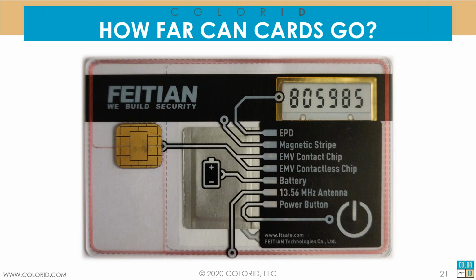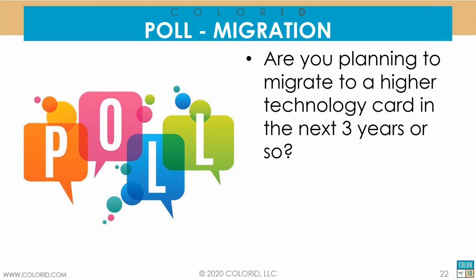The button on the bottom right here, you press that. And then it also has a magnetic stripe on the back. It has a contact chip that is connected both to the contact and to the contactless interfaces, and it has a battery to make it all go. It's hard to imagine what else you could stuff into a card, and it's also hard to imagine who would need all that stuff in one card. So that's how far they can go, in my opinion. Mark.